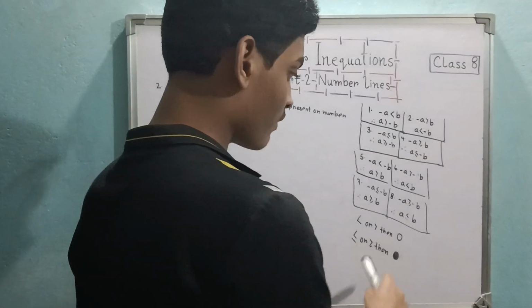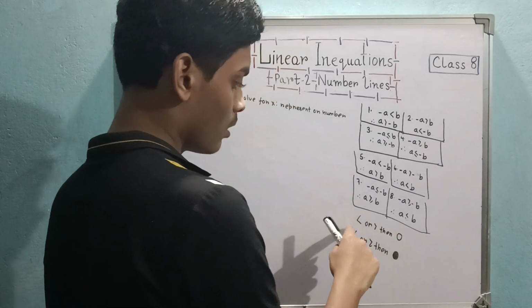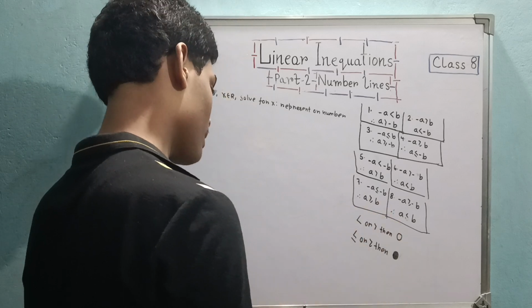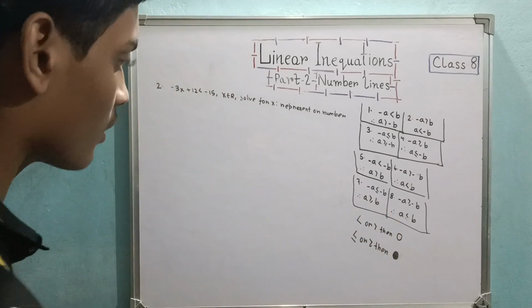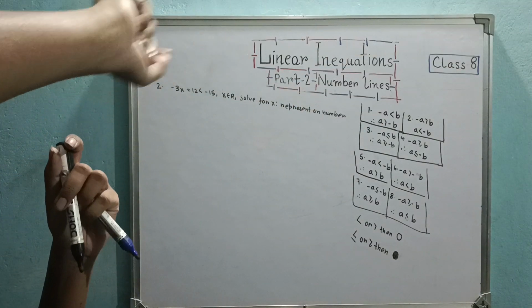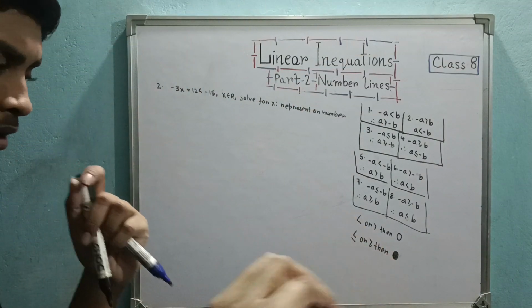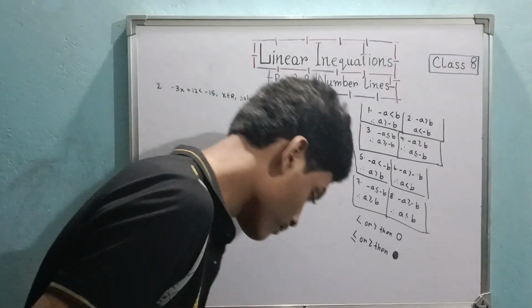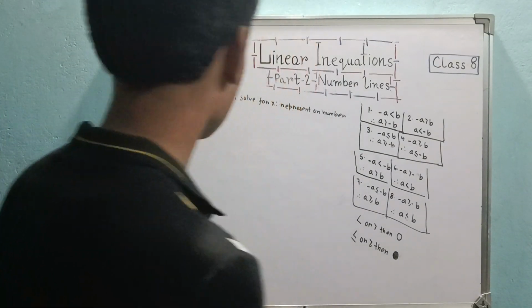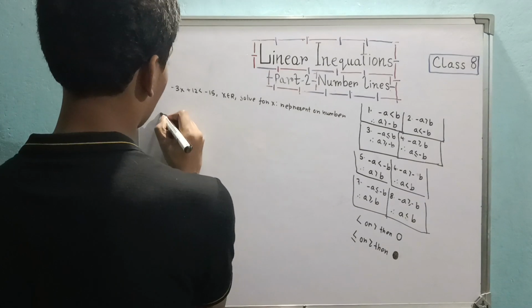If it's greater than or less than, then hollow circle on the given number. If less than or equal to or greater than or equal to, then darkened circle on the given number. And suppose greater than 3, then after 3 in the positive direction till the end of the number line, thicken the number line. That's the system. So we will now try to do it, let's see. First of all, I am drawing this number line for you.